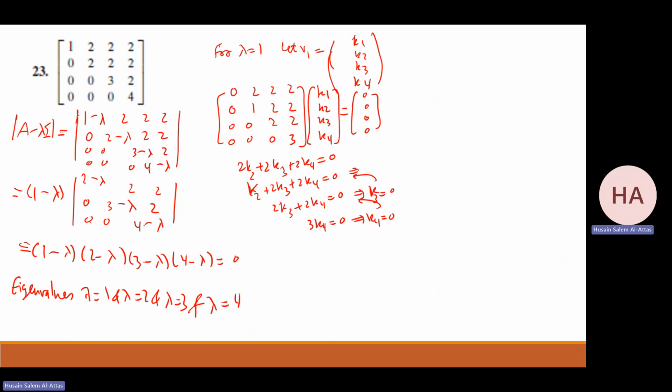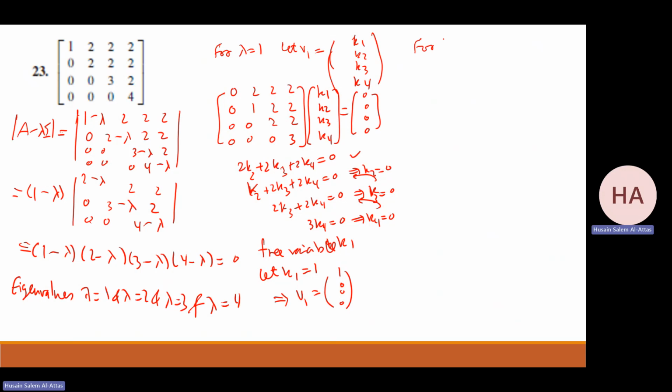Plug it here, I'm getting K2 equals 0. And this is okay. So my free variable is K1. There's no restriction on K1. So I let K1 to be 1. So it will be my V1, (1, 0, 0, 0).